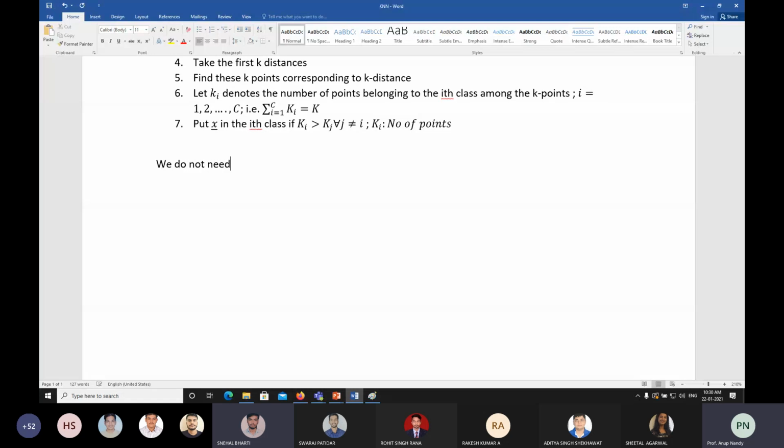We do not need to know the prior probability. While implementing this KNN, you do not require the prior probabilities and class conditional probability densities.